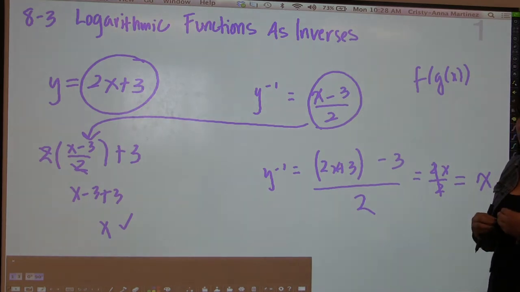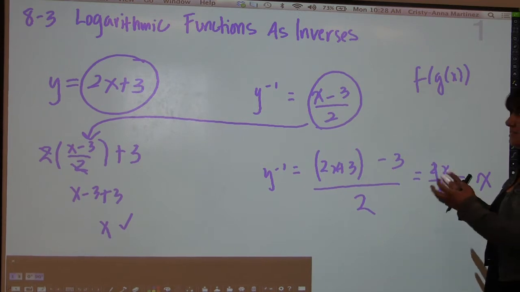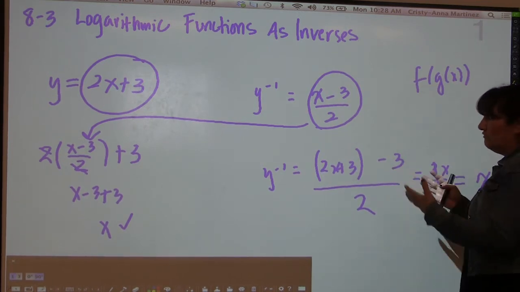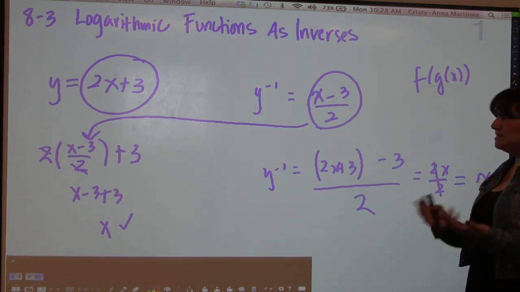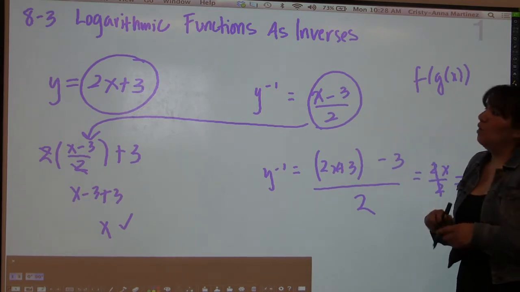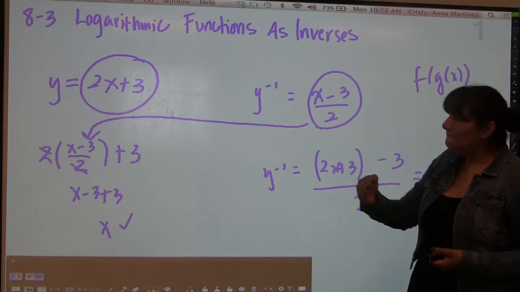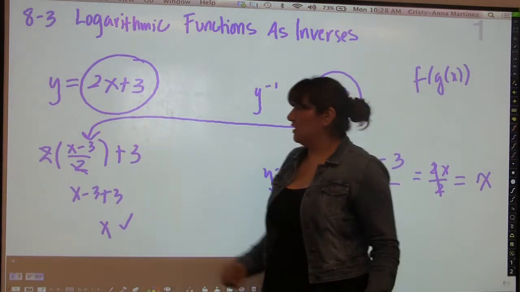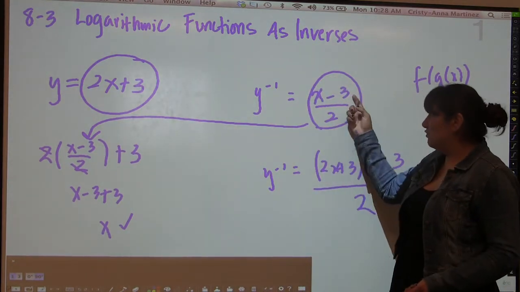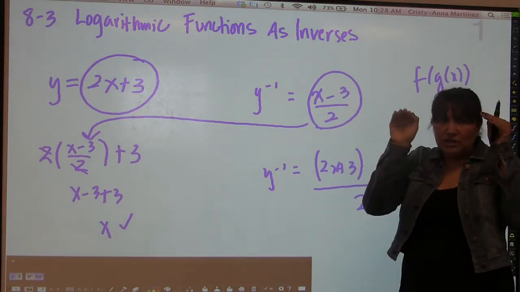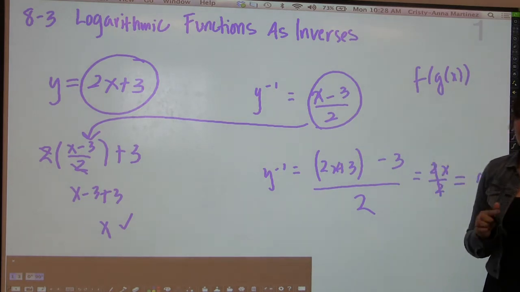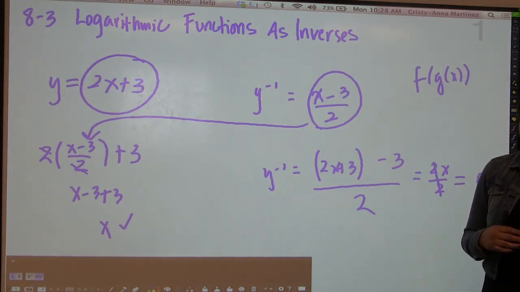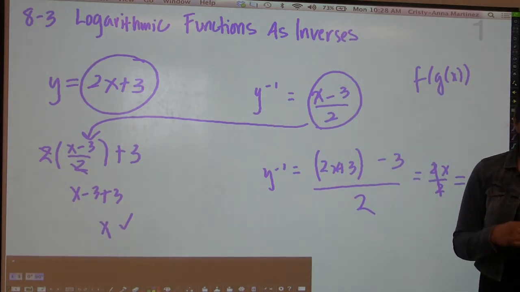Now you have to remember that even though you're not going to always see the function, this is easier, and the reason why I chose a linear function is because you can very easily, concretely see what the function is doing. You can see that it's multiplying by 2 and adding 3. You can see that it's subtracting 3 and dividing by 2. But you don't necessarily see that when you have trig functions or exponential functions or logarithmic functions.